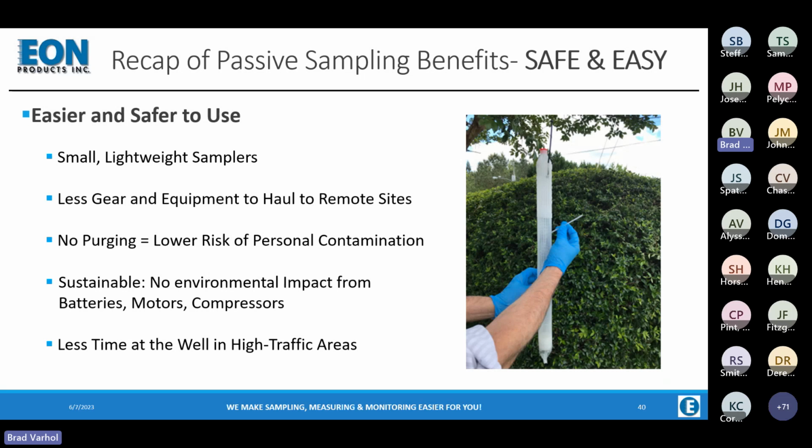They're sustainable, so we don't have the same environmental impact that we have when we have batteries, motors, compressors, the kind of things that ultimately are going to end up in a landfill or present some type of air or other pollution. And because they're small and highly portable, there's less time at the well in high traffic areas, and that means two things. One, we can get more sampling in, and two, it's safer for our technicians who are out there grabbing the samples.